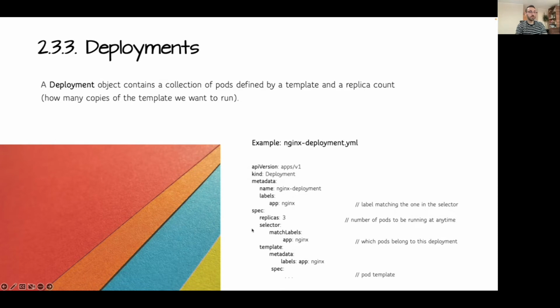And here under the spec field, we have the replicas field where we specify, let's say, 3. And as I said, this will mean that we want these pods that we define in the deployment to be running in 3 same instances at the same time.